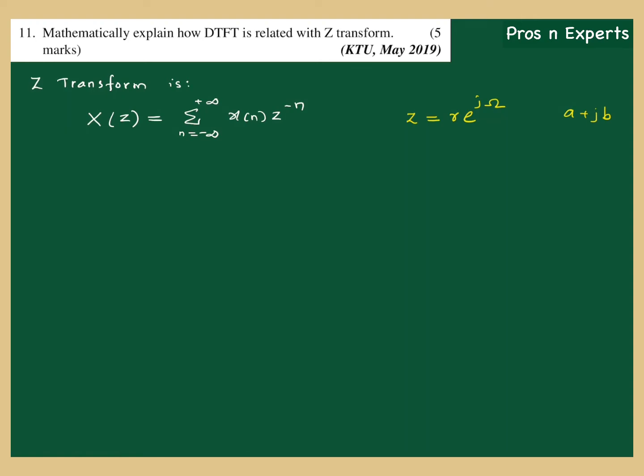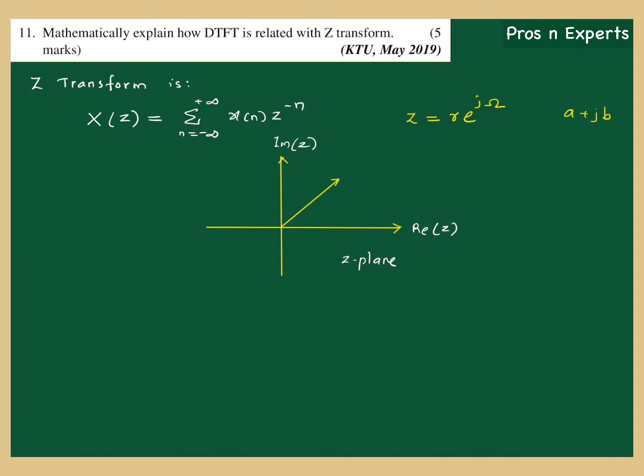Now let me give a little intuition about z from a geometrical perspective. Let this be the z plane. This axis is the real part of z and this is the imaginary part of z. Now let me choose a vector in the z plane like this.